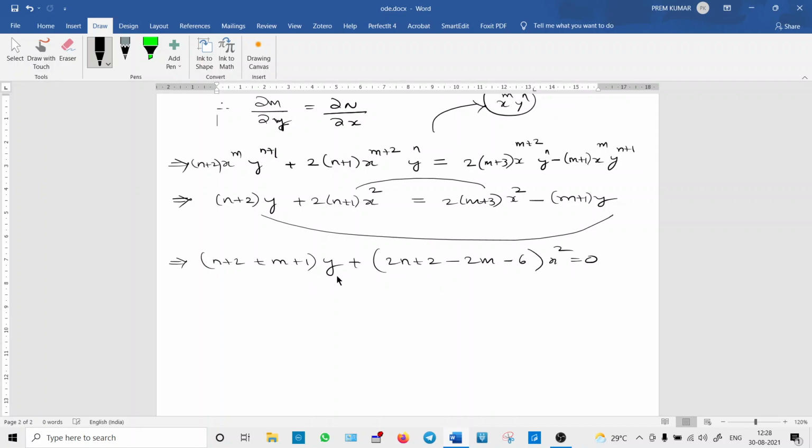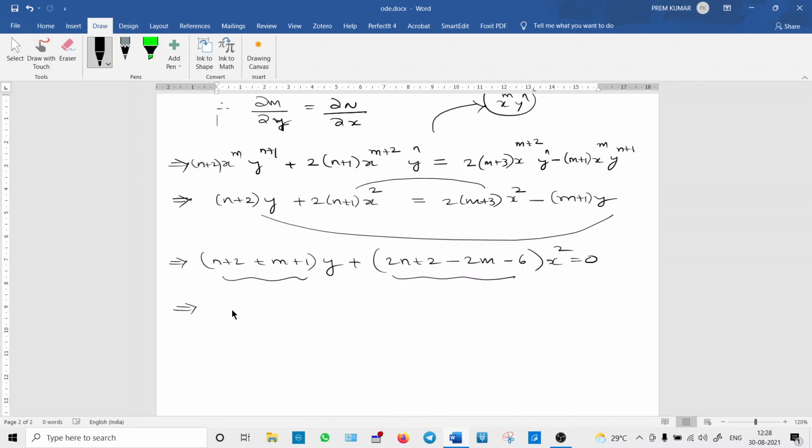See here, these both are variables and this sum is always equal to 0. We cannot tell that x and y are equal to 0. If x and y are 0, then there is no need of discussing this problem. So only the constants must be 0.